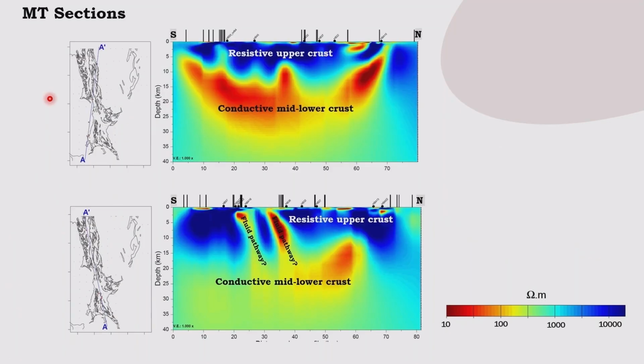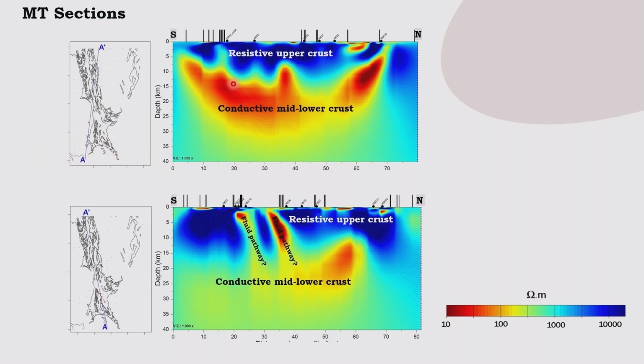Now, like I said, the idea of 3D is to have a degree of freedom where we can slice and dice our model in any direction and be confident about the structure we find in there. So this is a section along this profile from south to north.